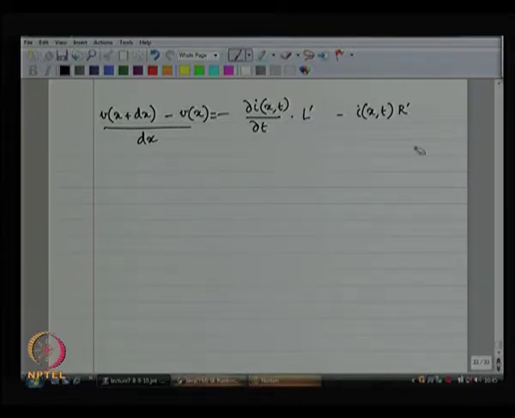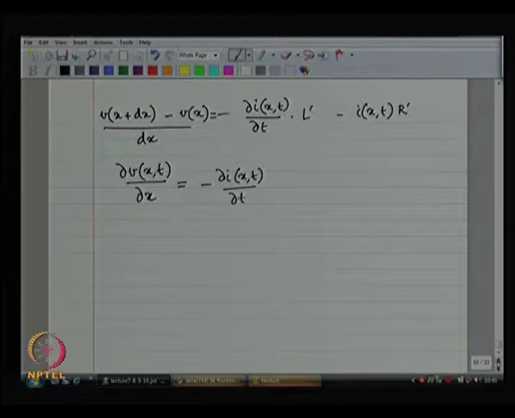So, I divide the right hand side by dx as well, and what I have got is this. So, this is what I have got from equation 1.